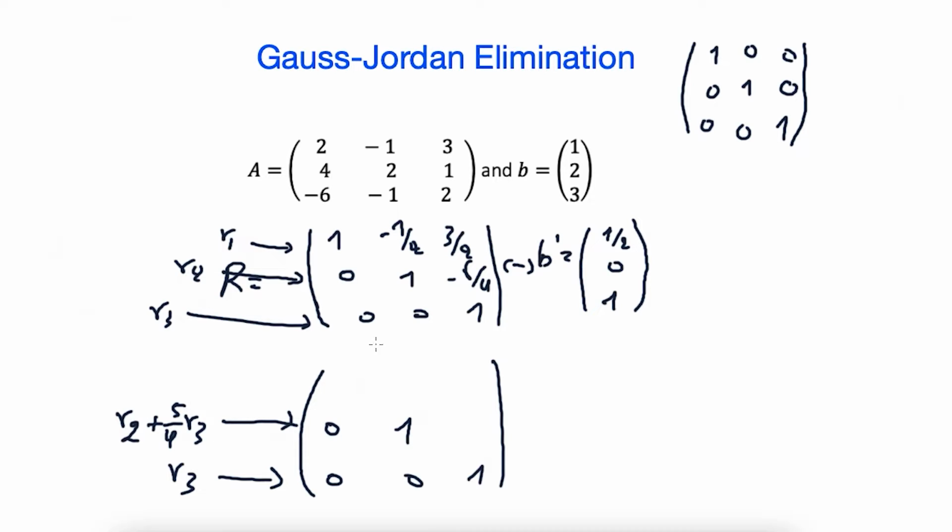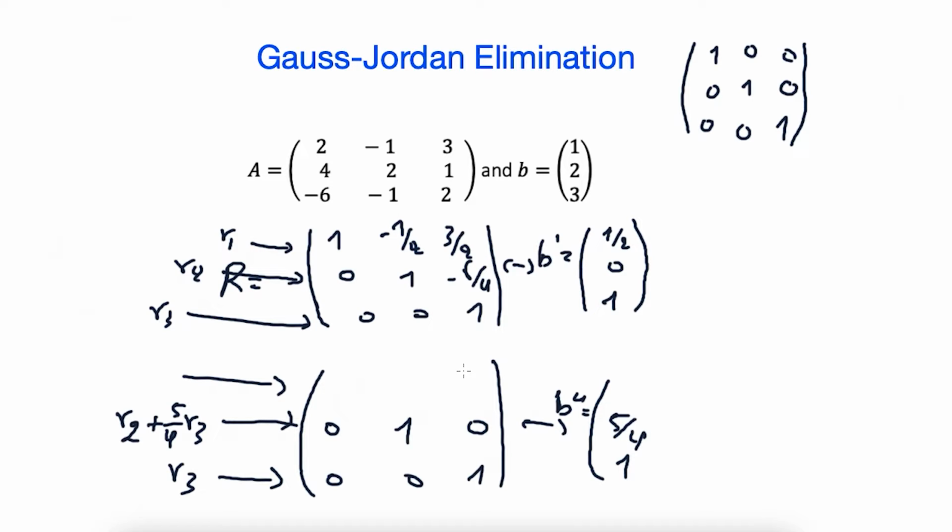And minus 5 over 4 plus 5 over 4 times 1, which is 0. And we must do the same for the corresponding vector b double prime. Here we won't change anything, 1 here, and here it is 0 plus 5 over 4 times 1, which is 5 over 4.